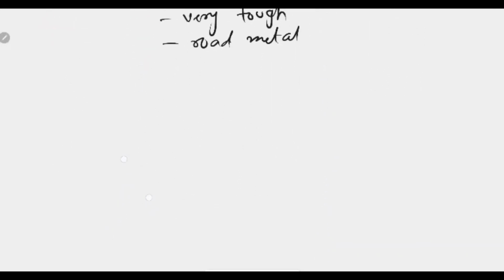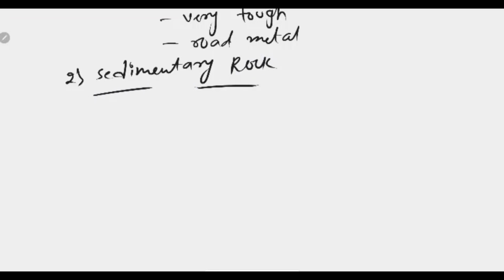Next classification, what? Sedimentary rock. What does sedimentary rock mean? Sedimentary rocks are rocks that are made up of particles, minerals, and organic materials that have been compacted and cemented together over time. These rocks form through the accumulation and compression of sediments such as sand, mud, and organic debris, often in layers.